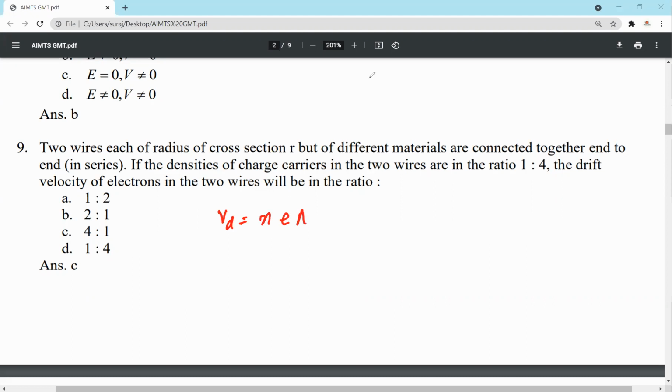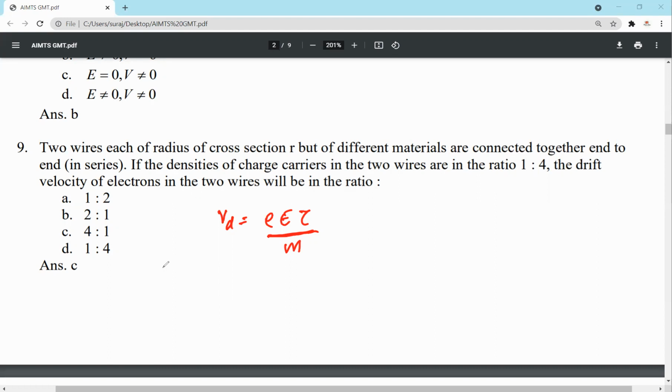Drift velocity is eE tau by m. This is drift velocity. Now, 2 wires of the same radius of cross section r, but different materials, are connected together end to end.